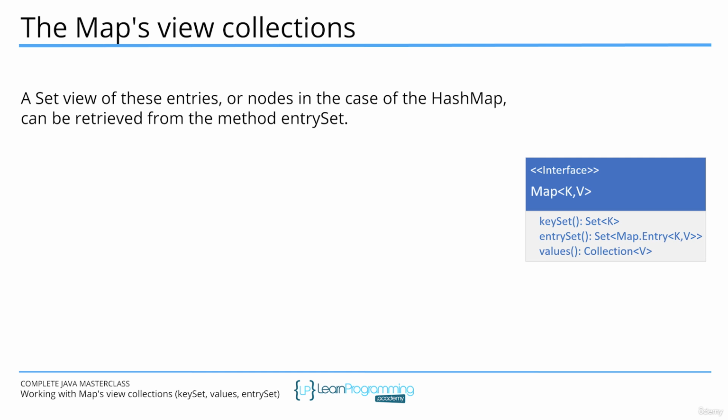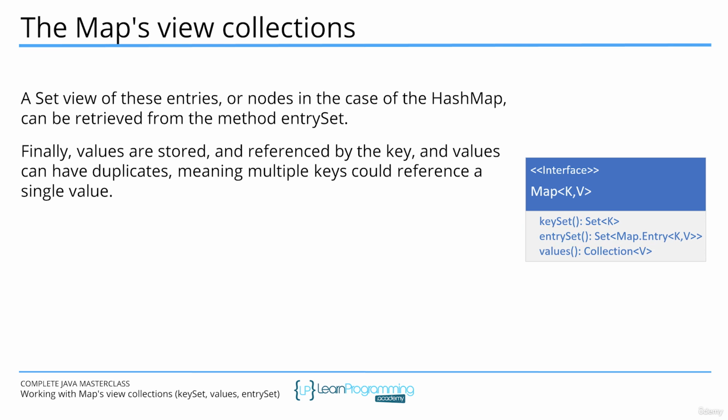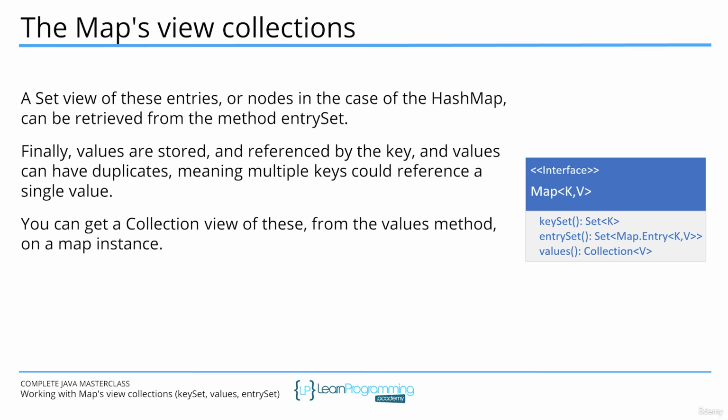A set view of these entries, or nodes in the case of the HashMap, can be retrieved from the method entrySet. Finally, values are stored and referenced by the key, and values can have duplicates, meaning multiple keys could reference a single value. You can get a collection view of these from the values method on a map instance.